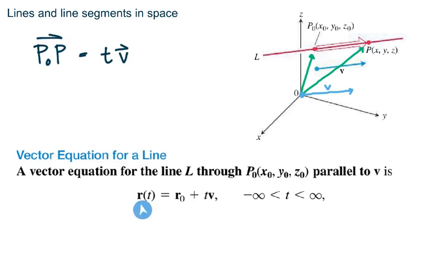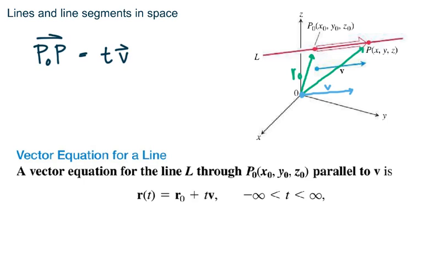So the vector r in terms of t equals r naught, a vector, plus some scalar t times the vector v, which t times v is just the length of that vector from P naught to P. My r naught vector is this guy going from the origin to my initial point on that line.